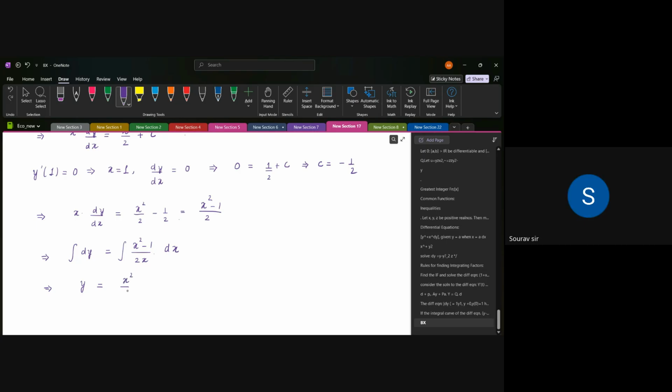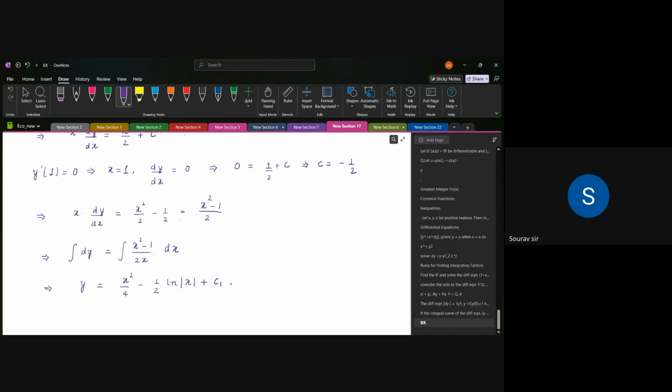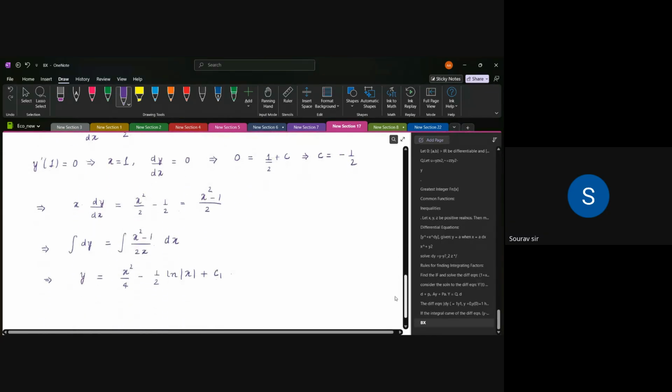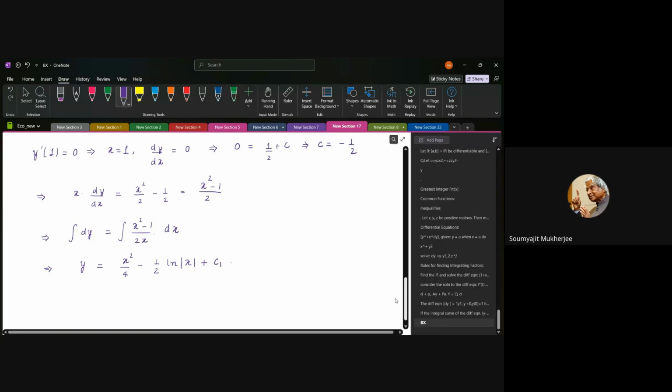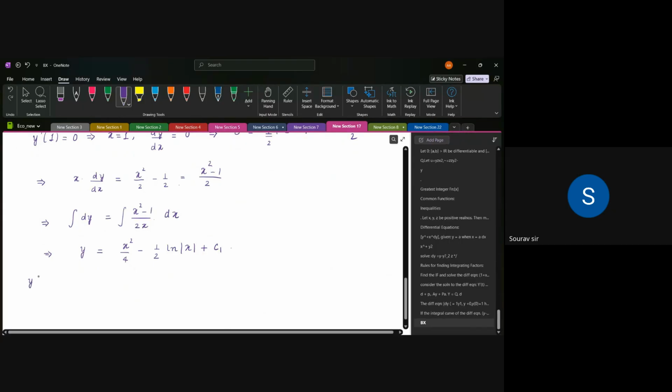Yes, this seems to be correct. Now, how do we find out c1? Sir, y of 1 is equal to 0 is given. Yes, y of 1 is equal to 0. That means when x equals 1, y equals 0. So if you put this, what is your c1?